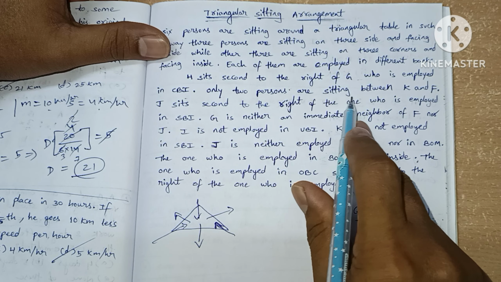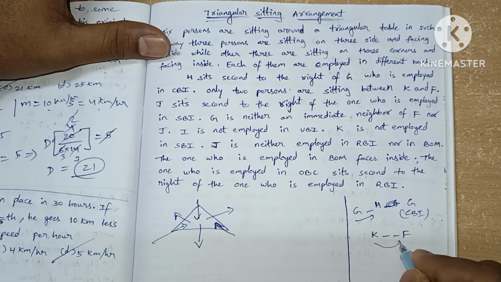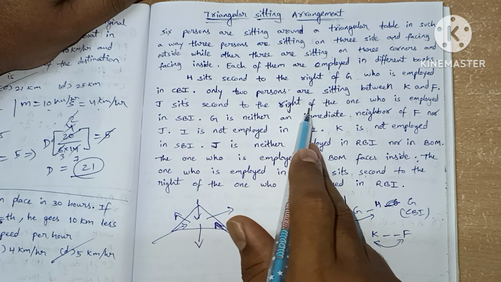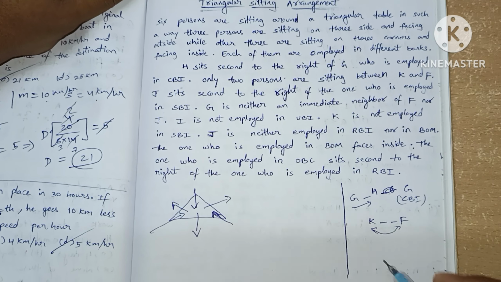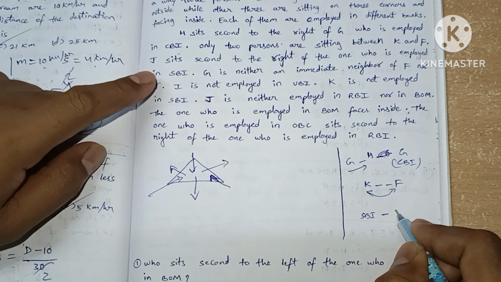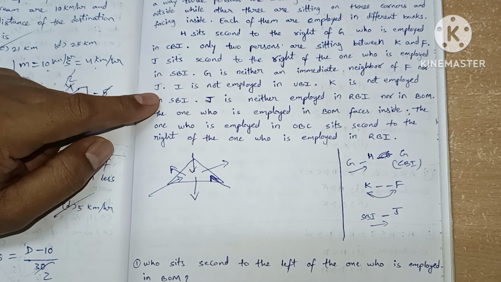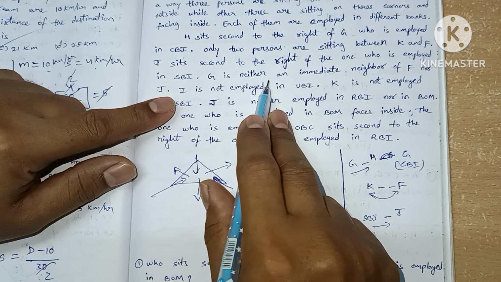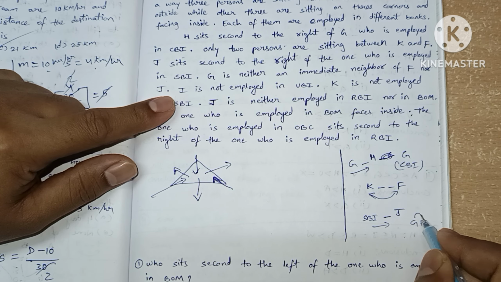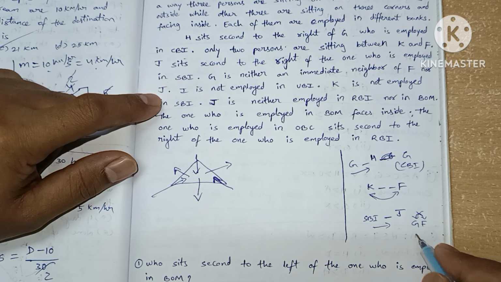Only 2 persons are sitting between K and F. J sits second to the right of the one who is employed in SBI. G is neither an immediate neighbor of F nor an immediate neighbor of J.